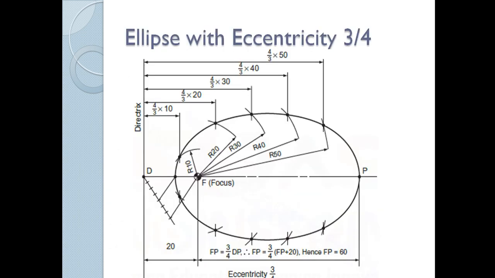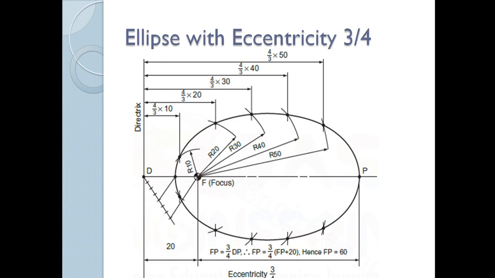If you're using eccentricity, it's just the distance from the directrix in relation to the distance to the focus. So on one side you have 3 parts, on the other side you have 4 parts. So our ratio is 3/4. You have 3 parts here to 4 parts here.